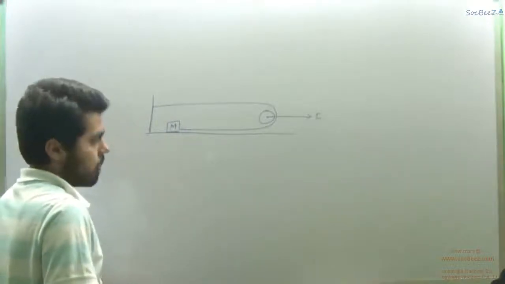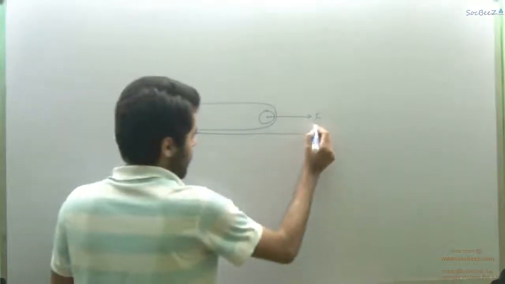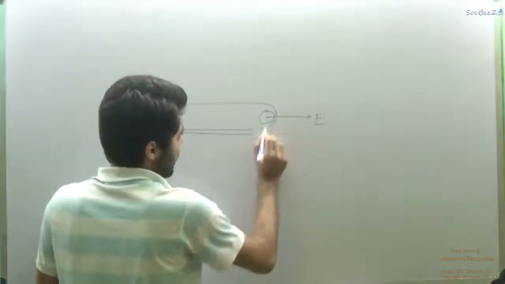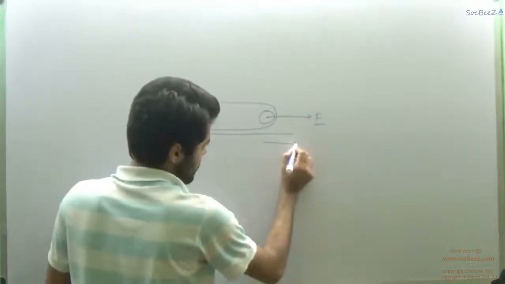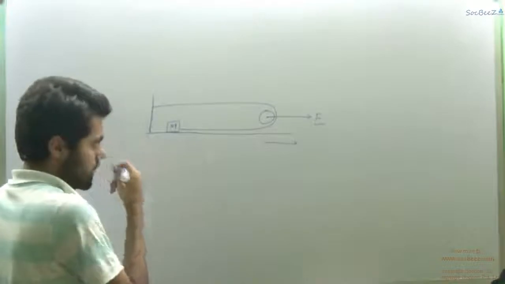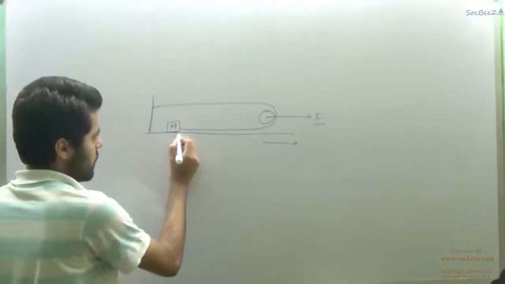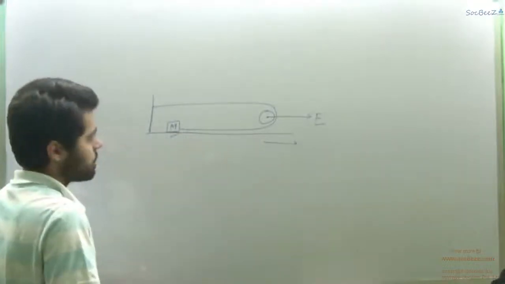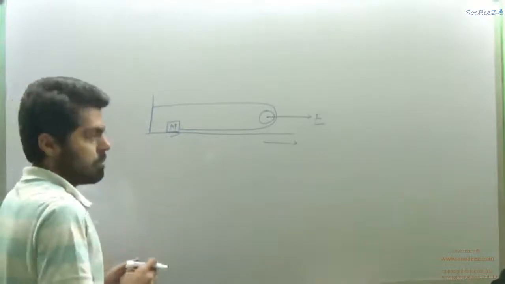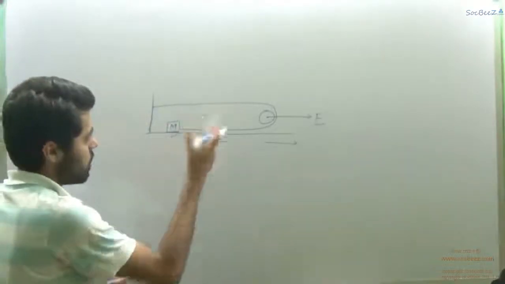So ultimately what will happen? If you are applying a force F on the pulley, then we are moving the pulley in this direction. So there must be a motion in the block as well. So it's a typical pulley block rope system.